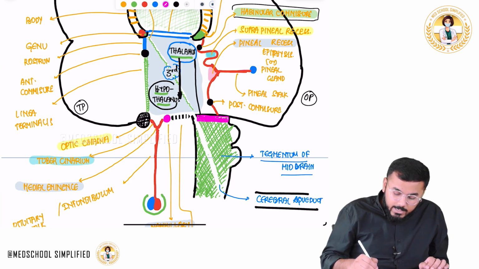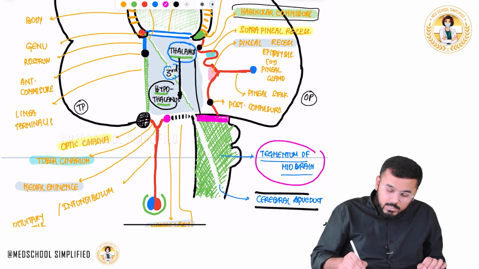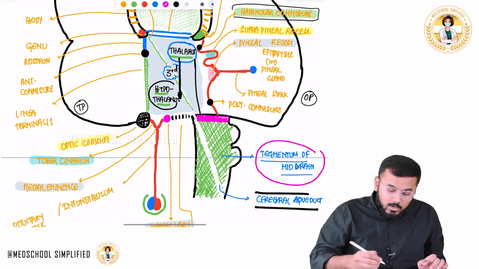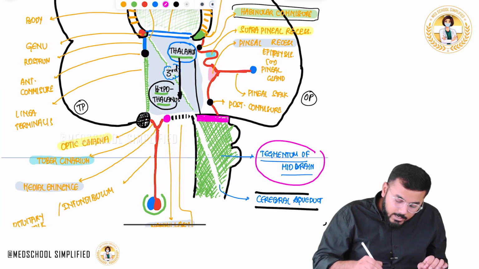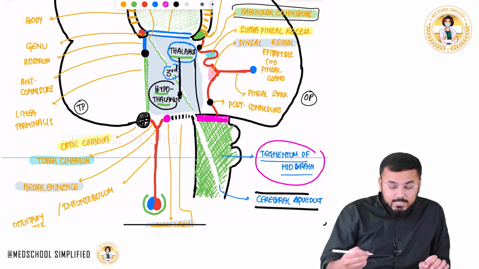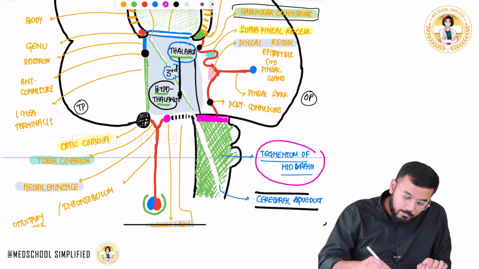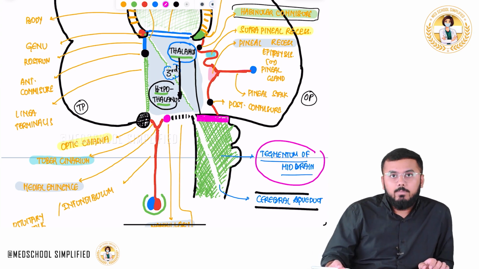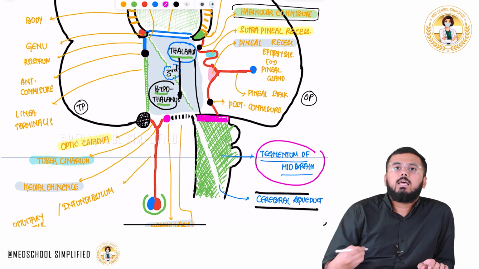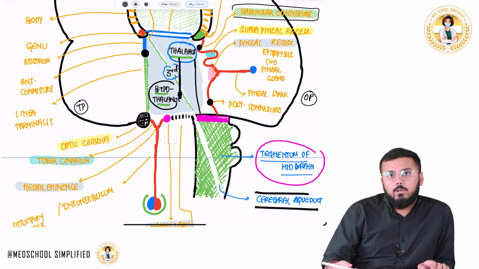And by the way, this entire part on the back, you call it the tegmentum of the midbrain. Now, exactly this small pink colored part which I mentioned over here is the subthalamic tegmentum of the midbrain. Why subthalamic? Because it is right beneath the thalamus. So, this part is called the subthalamic part of the tegmentum of the midbrain.